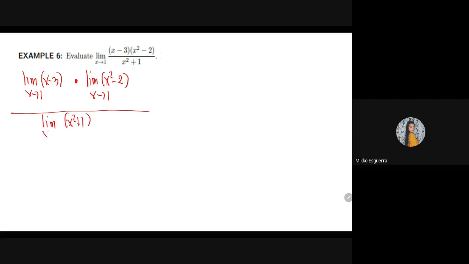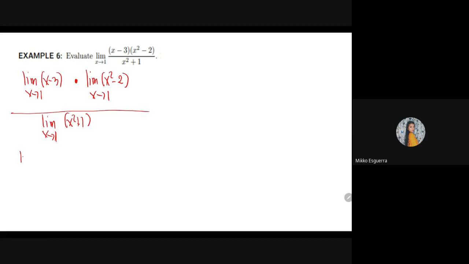So we have there the limit of x minus 3 as x approaches to 1 multiplied by the limit of x squared minus 2 as x approaches to 1 all over the limit of x squared plus 1 as x approaches to 1.